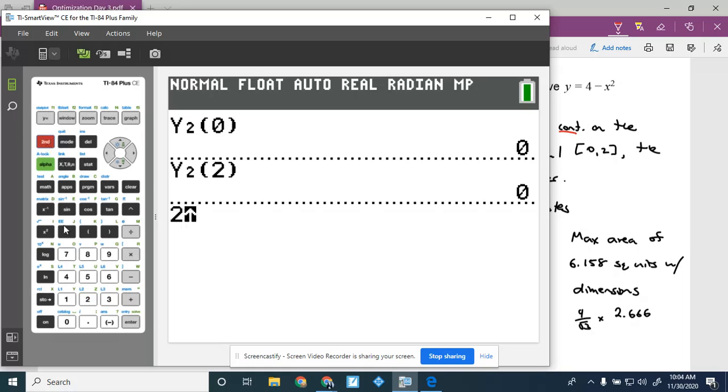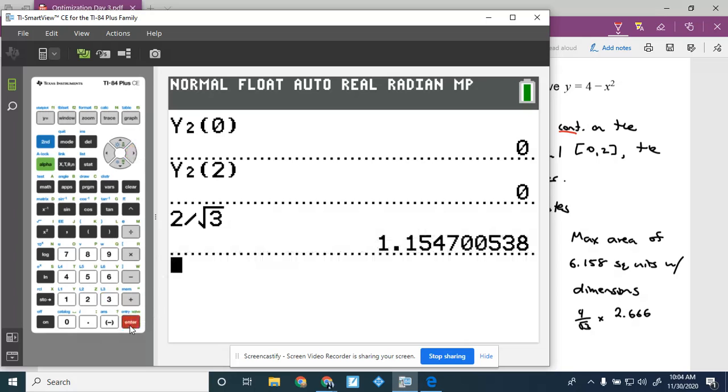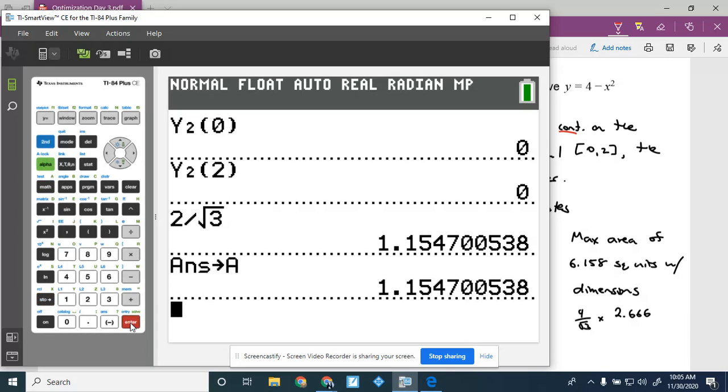So if I do that, 2 divided by radical 3, I'm just showing this for future reference. And that's the decimal. Probably not a bad idea to store that. So I'm going to store that in, say, the location A, the variable A. Now it's stored in A. So if I ever want to use that value with lots of accuracy, I can use A instead of having to type in 2 over radical 3 every time.